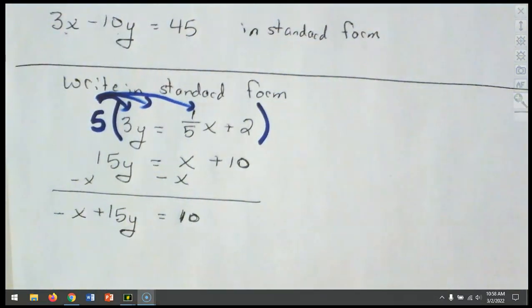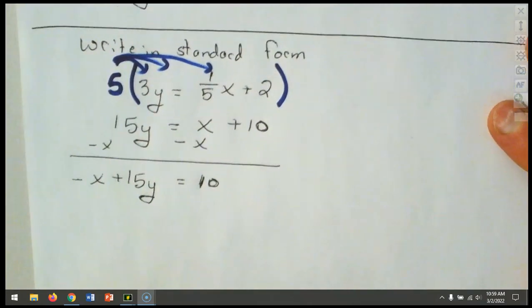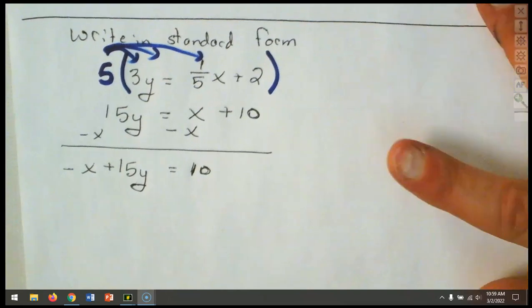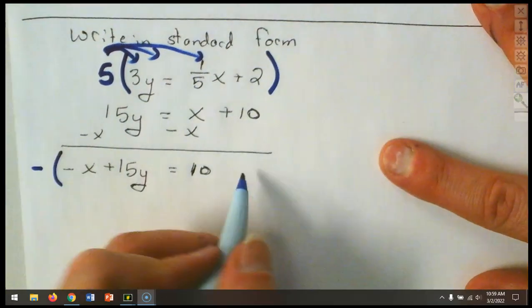We are not completely done, and this is where students a lot of times make a mistake. We're 90% done, but what can we not have? Well, we cannot have fractions or decimals. They're gone. But that x has to be positive. And right now, that x is negative. So we need to make sure it becomes positive. And the way we do that is we just change all of our signs. So we just distribute a negative through.